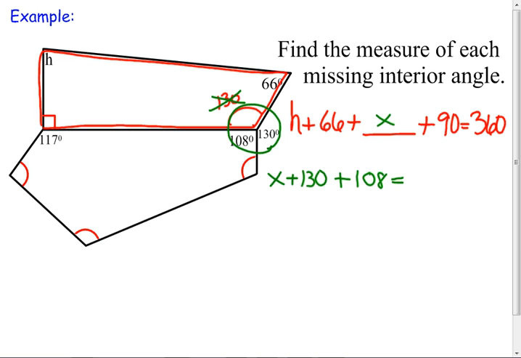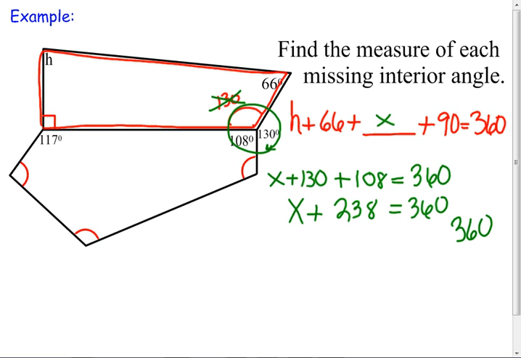I'm going to go all the way around that circle there. Oh, 360 in the circle. So X plus 238, right? So if I subtract that, 122.